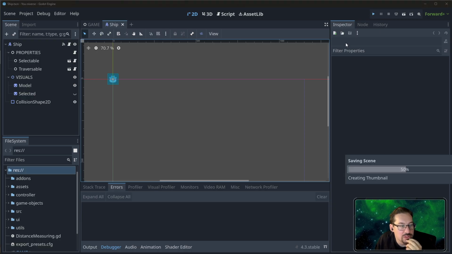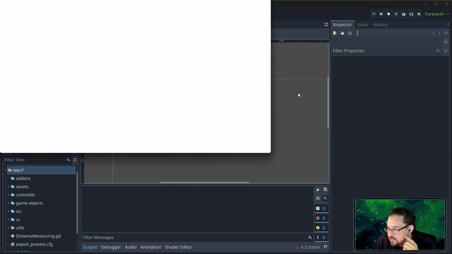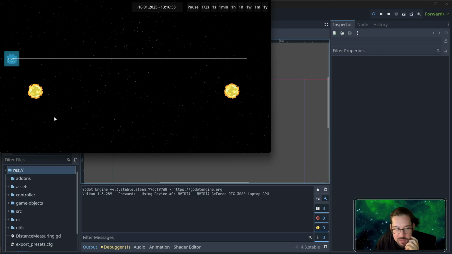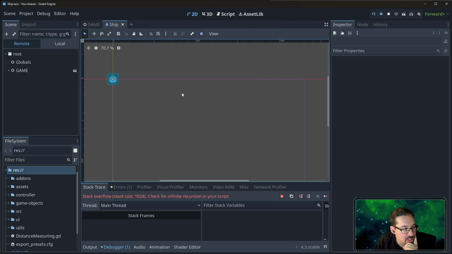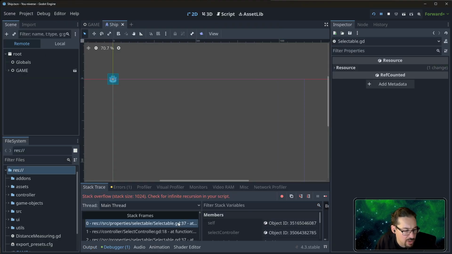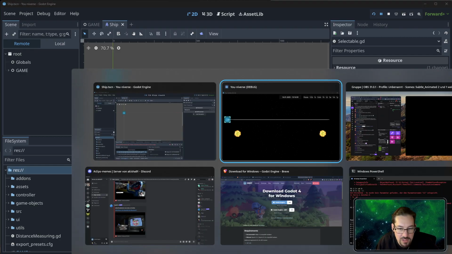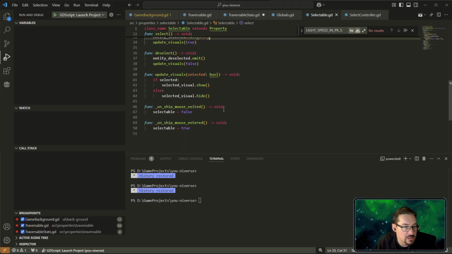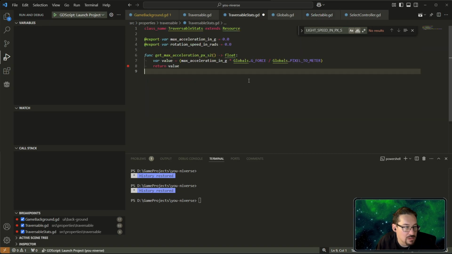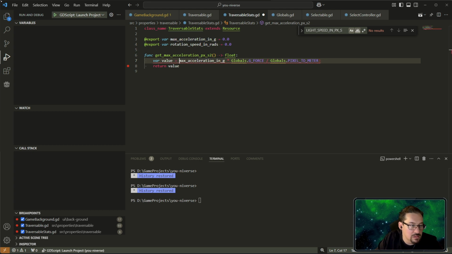So what I'm doing today, I figured out the selecting of my units. So I can select and apparently not deselect because something is happening. Maybe I have to fix some stuff.